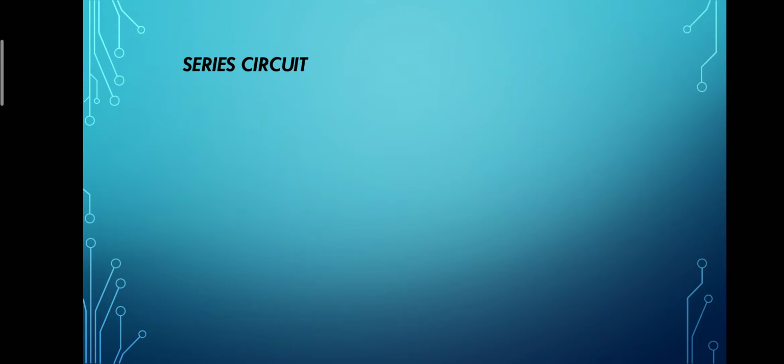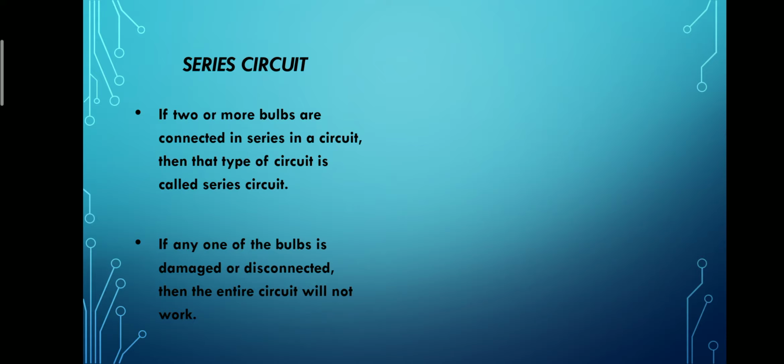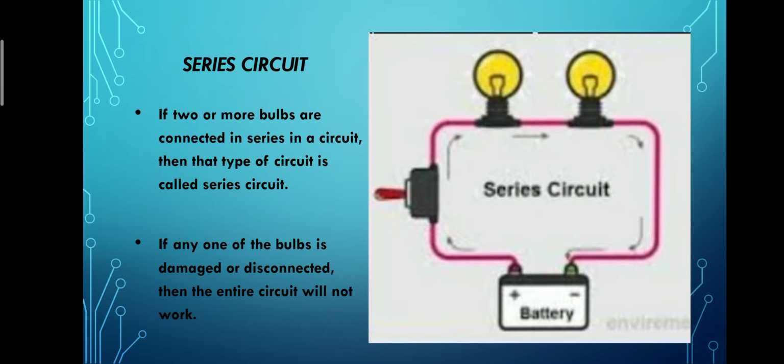And next is a series circuit. In a series circuit, two or more bulbs are connected in series. Look at the picture here. Here the bulbs are connected in series, next to each other. In a series circuit, if one bulb doesn't glow, the other bulb also won't glow. From the battery the current flows through the first bulb and it glows, and the output of the first bulb becomes the input of the second bulb.